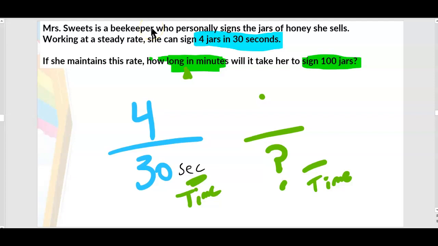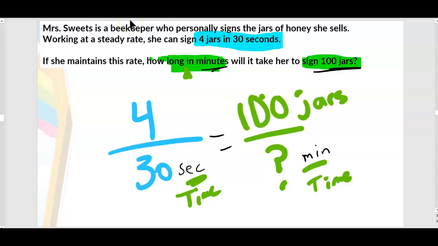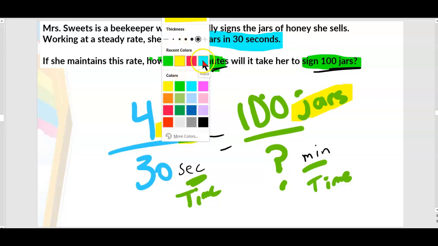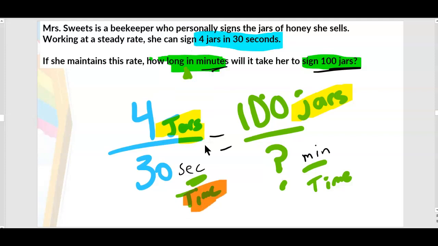But the top is 100 jars, so this we can put up there. This is 100 jars. So we do have jars over here. This is 4 jars. So we have jars with jars, all right? And we have, pick another color, how about orange? Time with time.